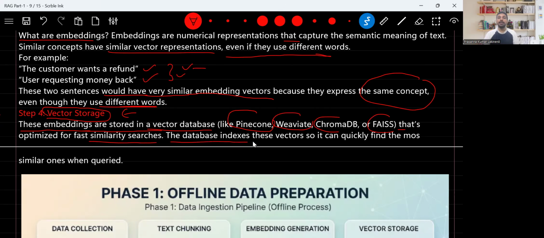The database indexes these vectors so that you can quickly compare and bring the required information. That means after embedding, you have to store all those embedded vectors in a storage called vector storage.